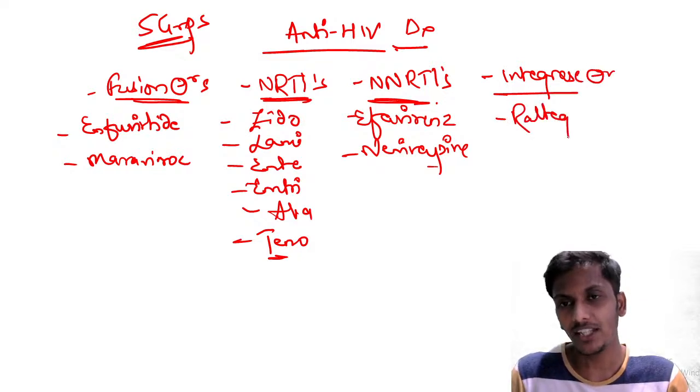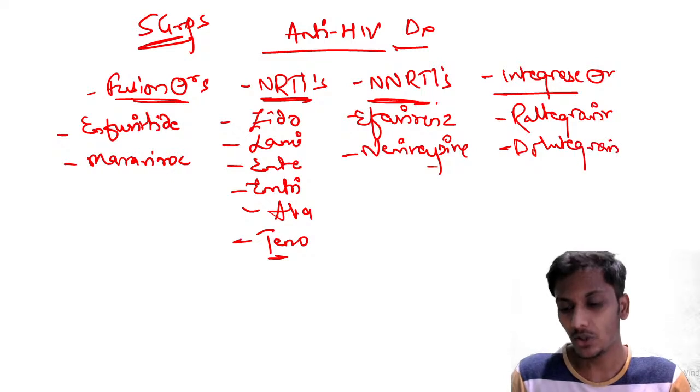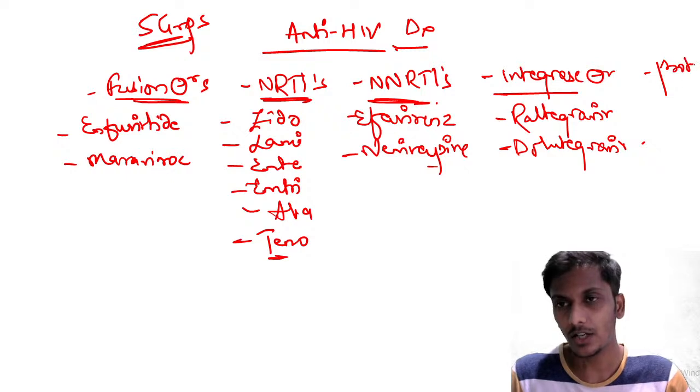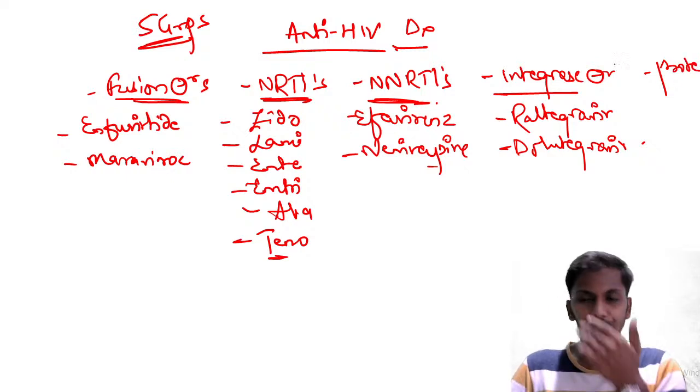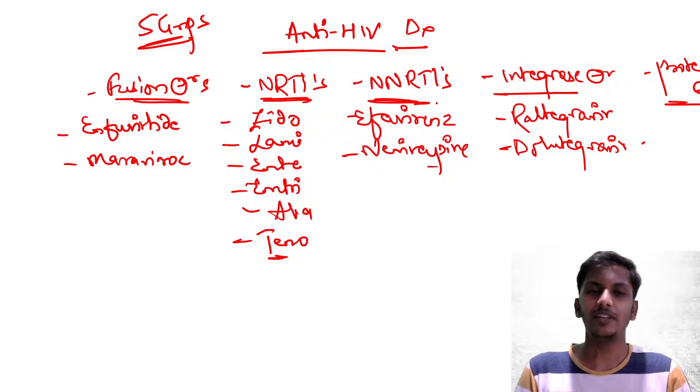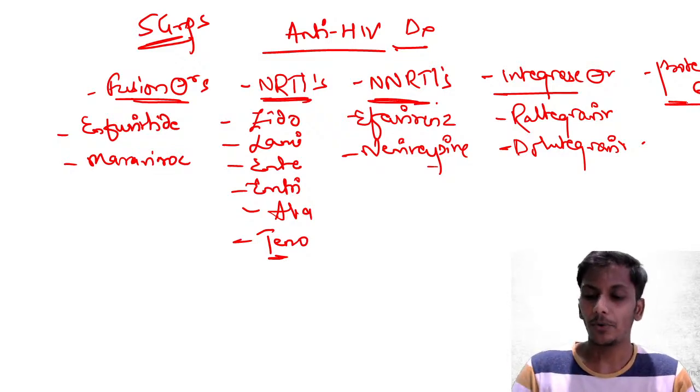Important drugs which are commonly used nowadays for prophylaxis. So these are your raltegravir and dolutegravir. And the last group is your protease inhibitors. All your navirs. Whichever navirs you will find, those are all your protease inhibitors.